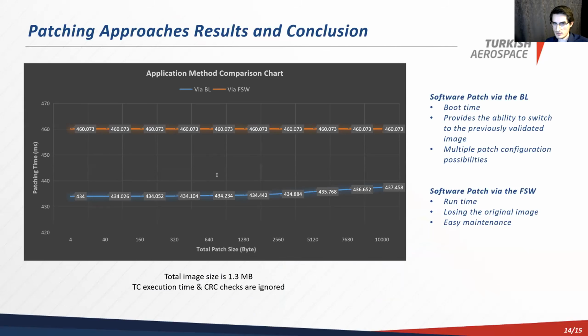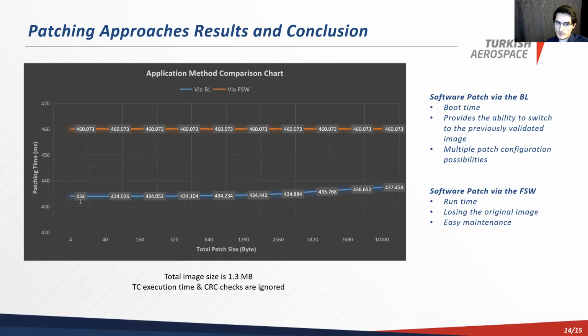As your patch size increases, the time for your patch does not change, because the timings you see here are the timings for copying your updated image from your RAM memory to your ROM memory. No matter how large your patch is, your image will be the same size, and therefore the time to copy this image will always be the same.